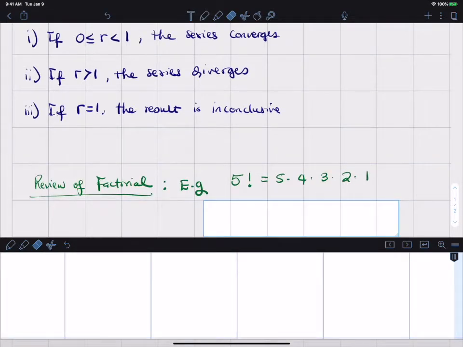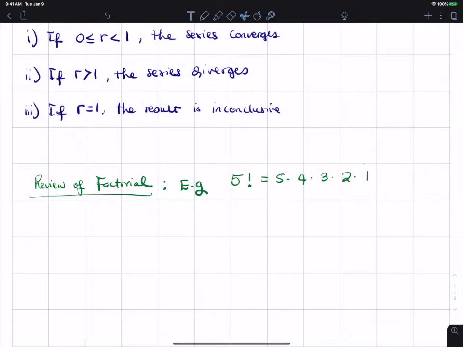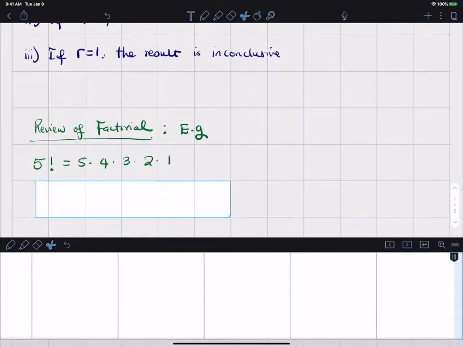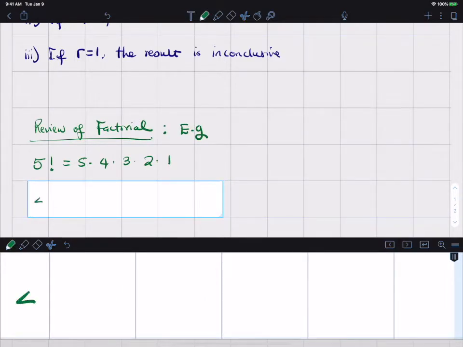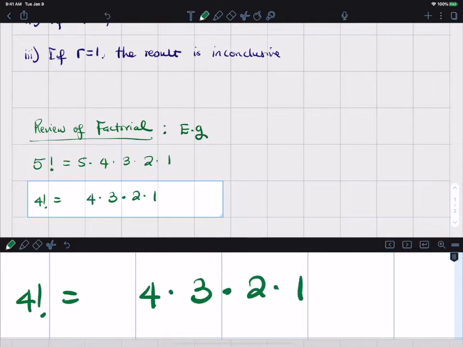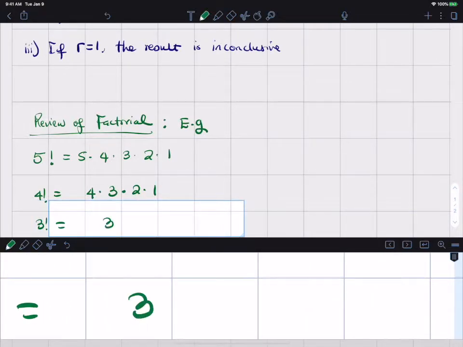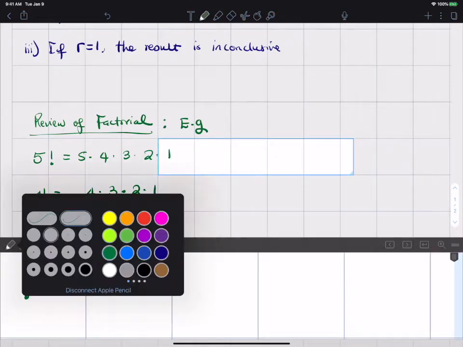So 4 factorial, so copy this. 4 factorial is 4 times 3 times 2 times 1, right? 3 factorial is 3 times 2 times 1, etc. So now look at this.